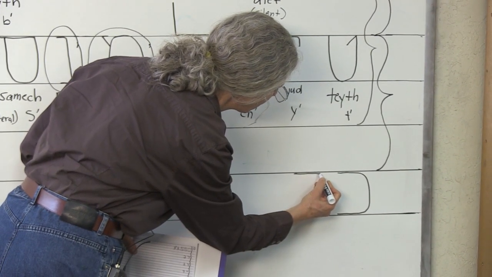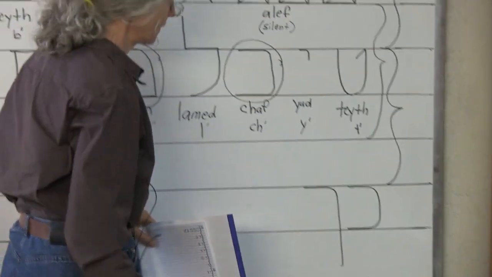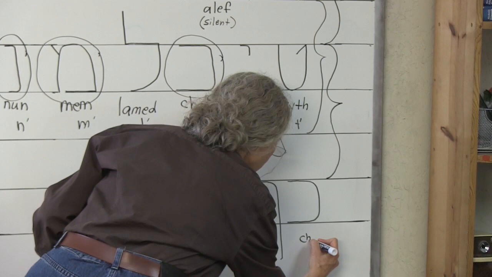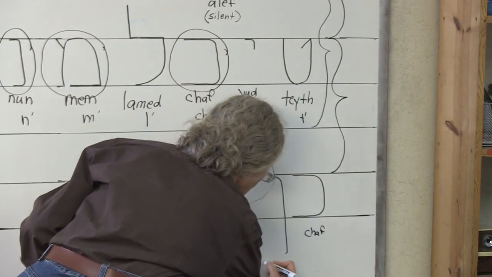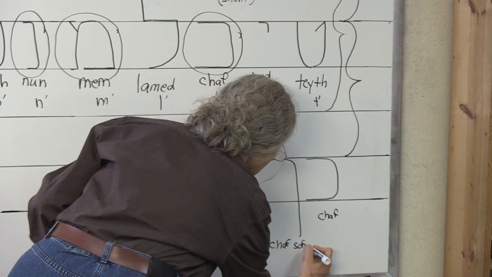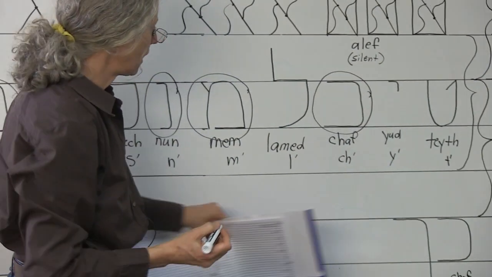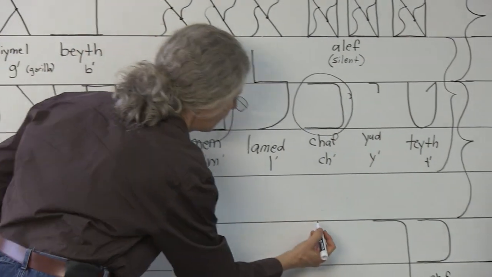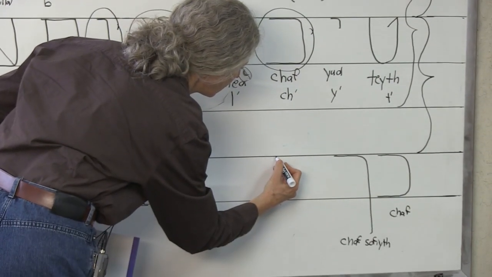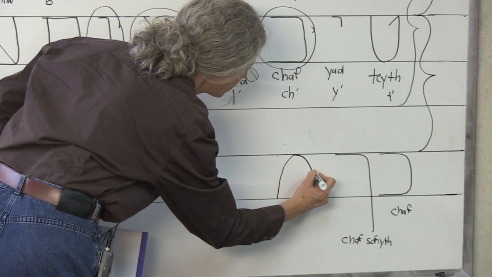So we got the Chaf here, we got the curve down, and it unfolds, just goes straight down. Okay? So this is a Chaf, and this is a Chaf Sofyth.